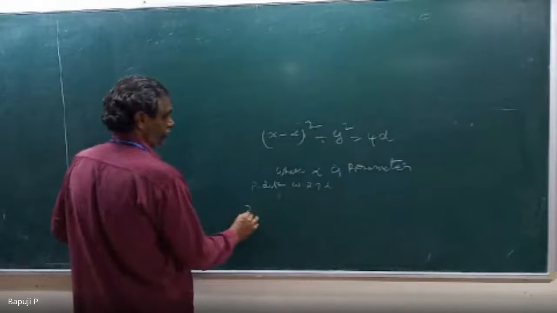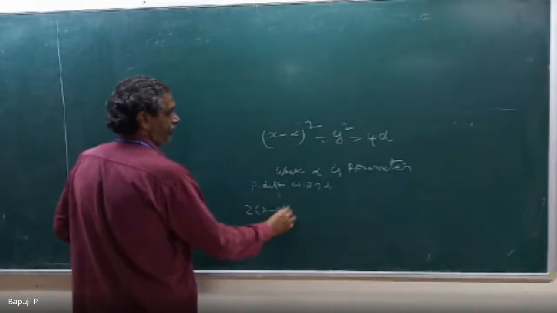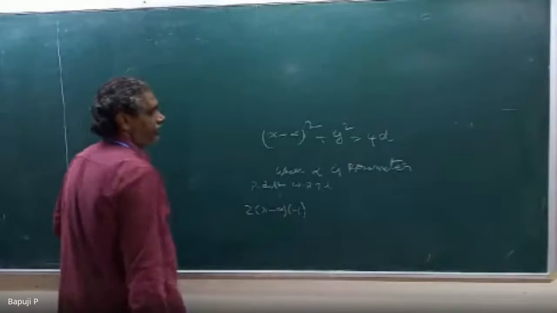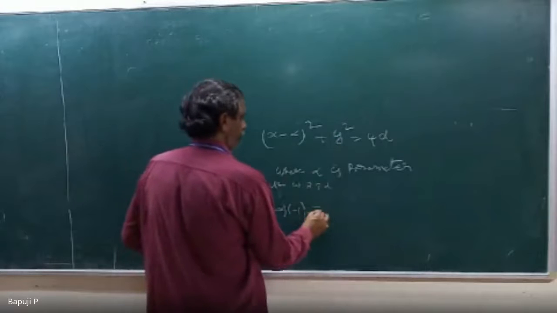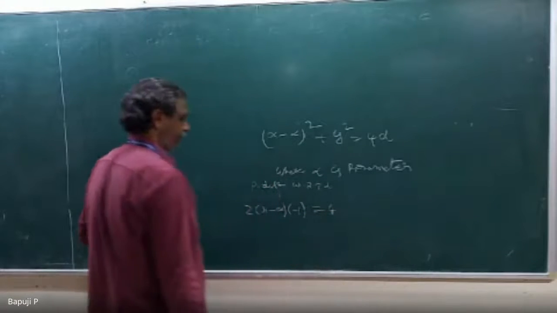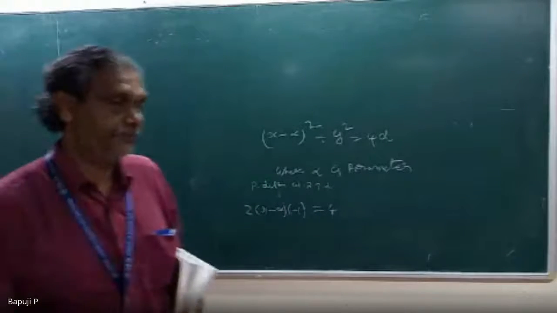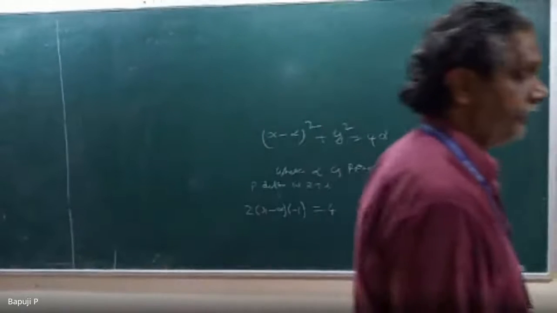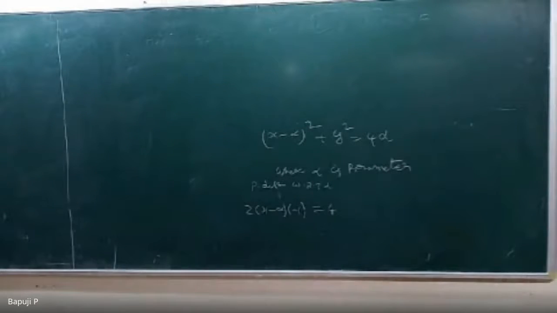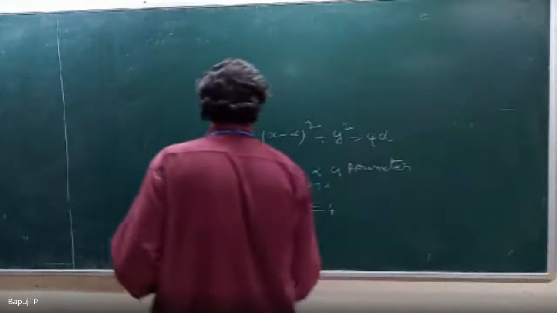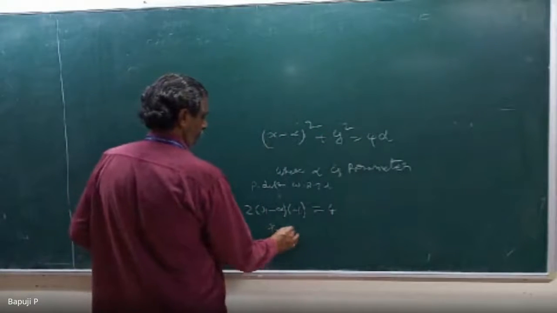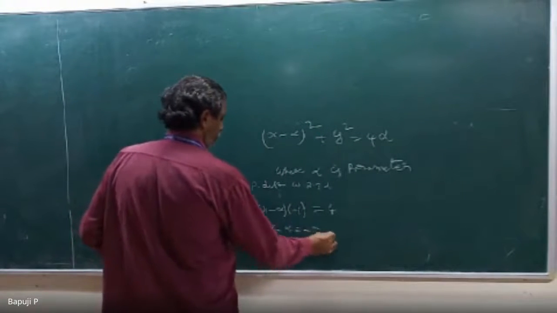Then what will you get? 2 into x minus alpha into minus 1, plus this fellow becomes 0, is equal to 4. Then what will you get? x minus alpha is equal to minus 2.